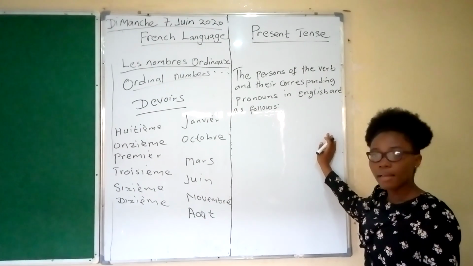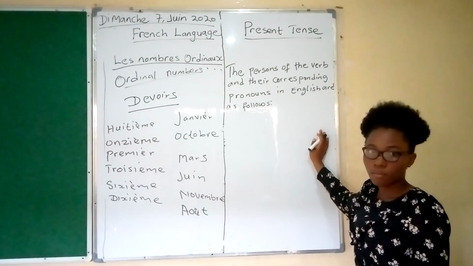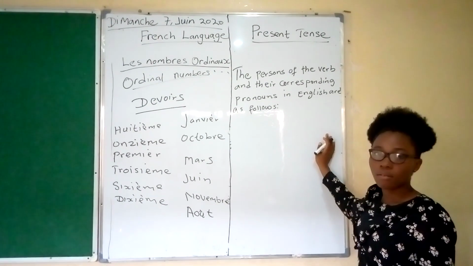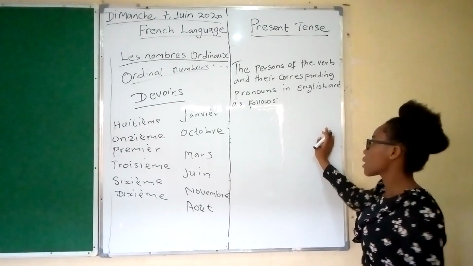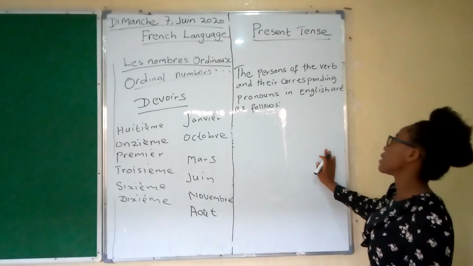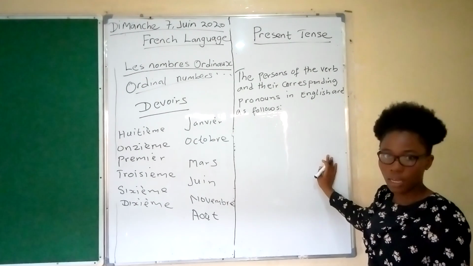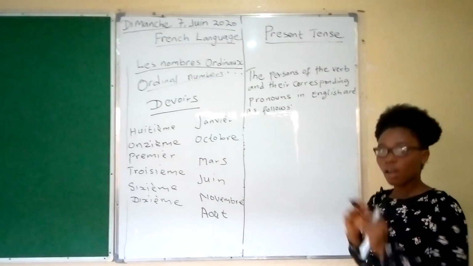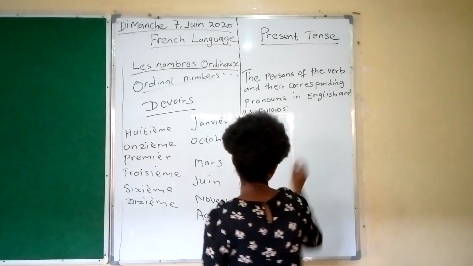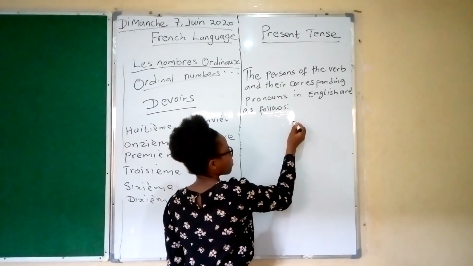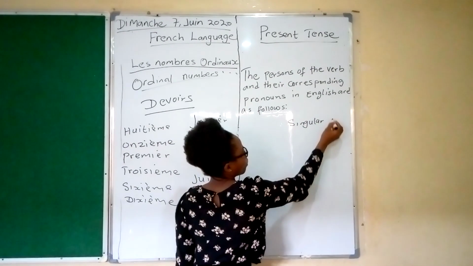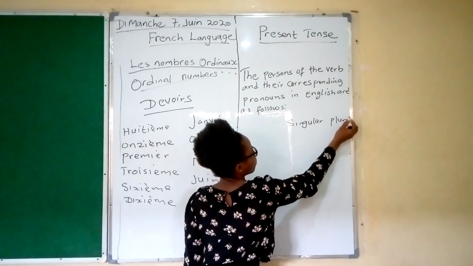They change their form in French according to the first person, second person, and third person, singular and plural. For example, let's look at some of the verbs and their corresponding pronouns in English, and then compare with those of French. In English, you have this, let's say singular, plural.